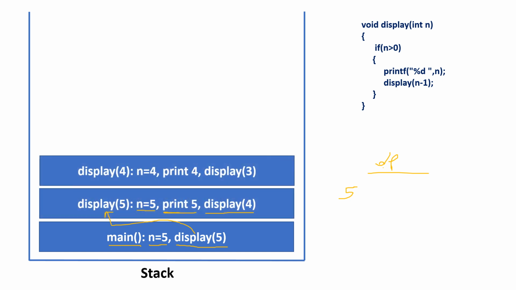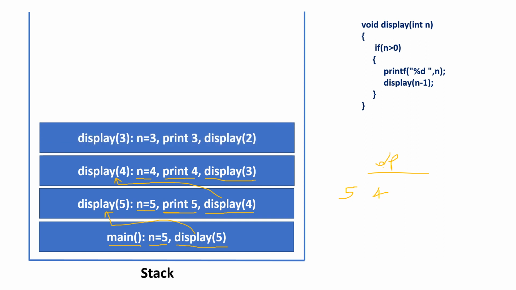Now immediately another display function is called with value 4. Here a new variable n is created with value 4, then 4 is printed, that is in the output we get 4, and then as n value 4 is greater than 0, it is calling display of n minus 1, that is display of 4 minus 1, 3.